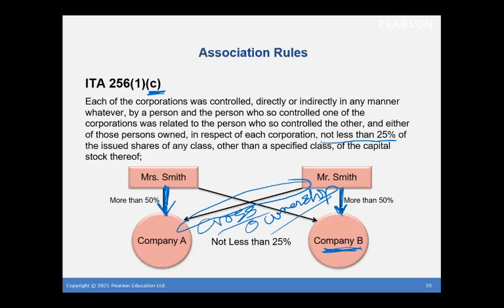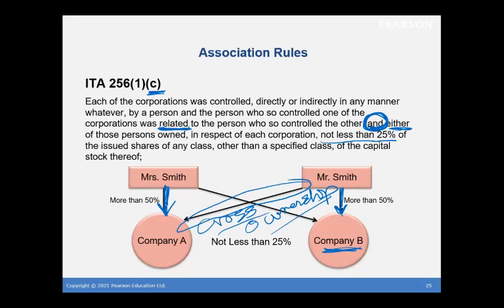It says each of the corporations was controlled by a person, and the person who so controlled one of the corporations was related, so now we're getting related for the first time, to the person who controlled the other, and that is an and. So we need both to be happening.